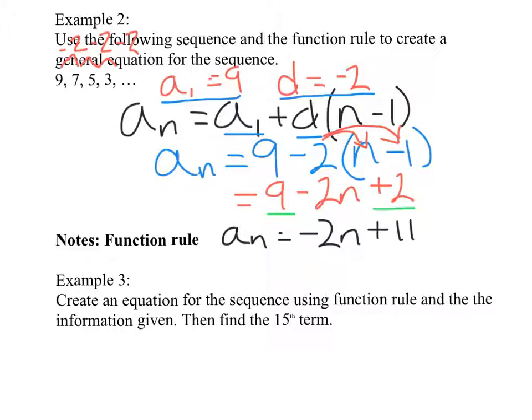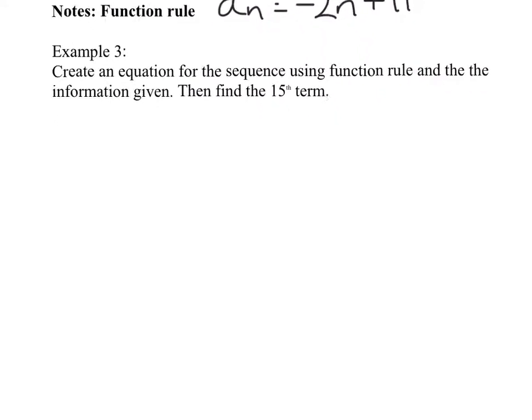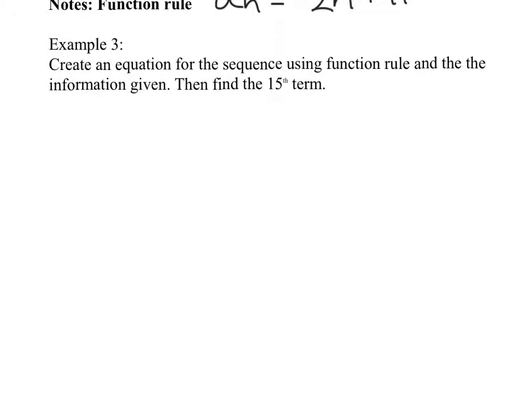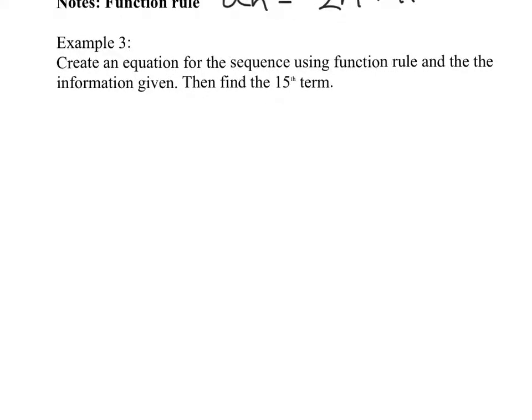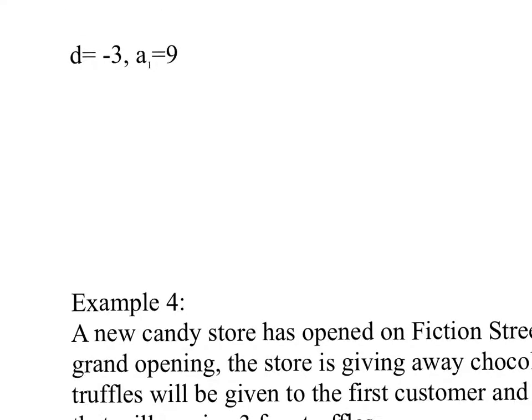So we're on to example 3, which says create an equation for the sequence using the function rule and the information given, then find the 15th term. Here's our information for that question. We're going to use this to find the function rule.